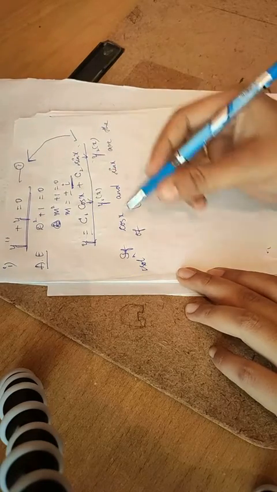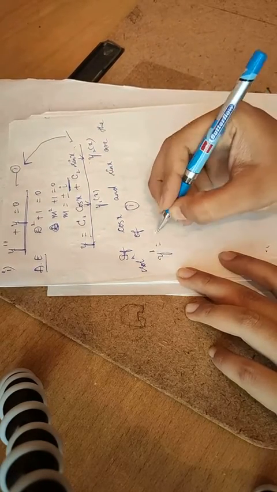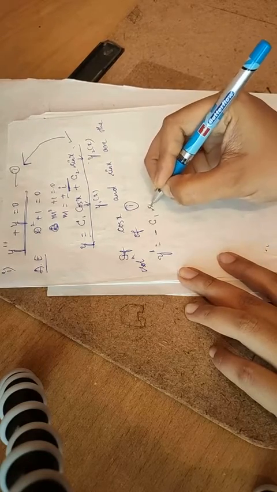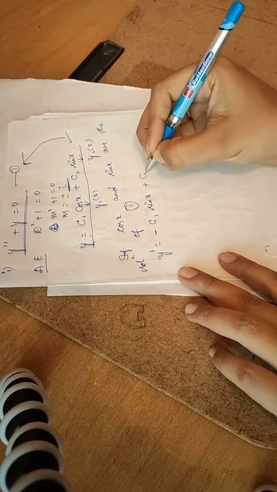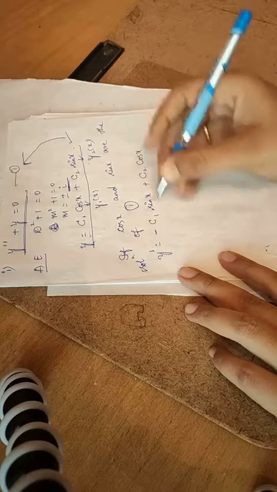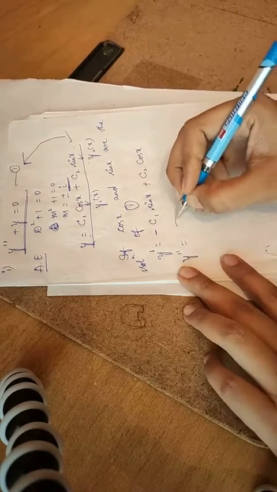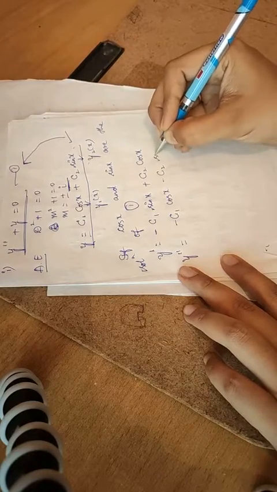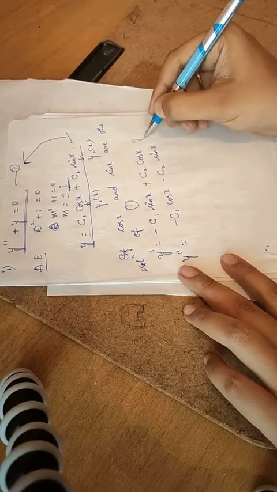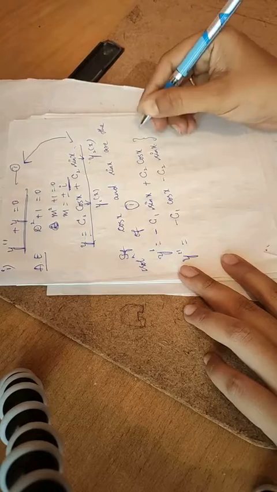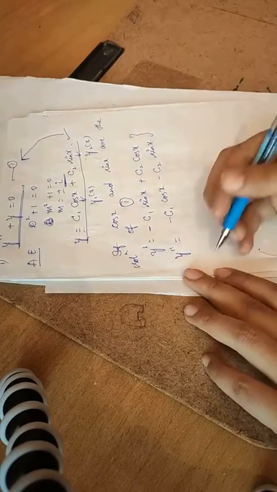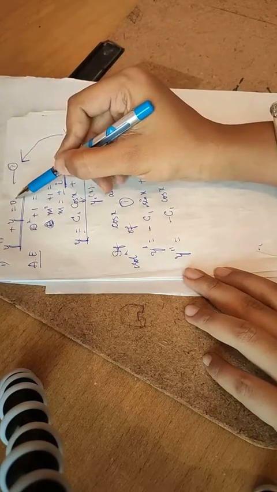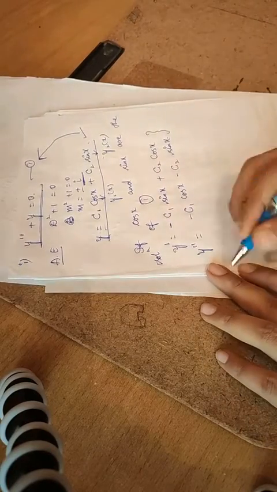If I differentiate, y dash is equal to minus c1 sin x plus c2 cos x. y double dash will be minus c1 cos x minus c2 sin x. So let us substitute these two values in equation 1. If I get 0, then the principle of superposition is verified.